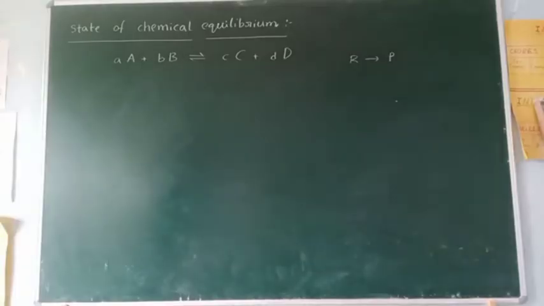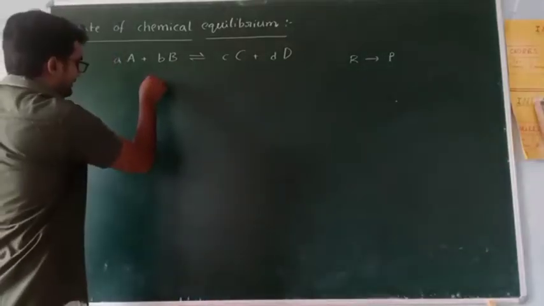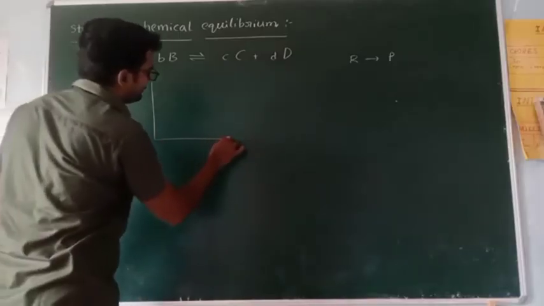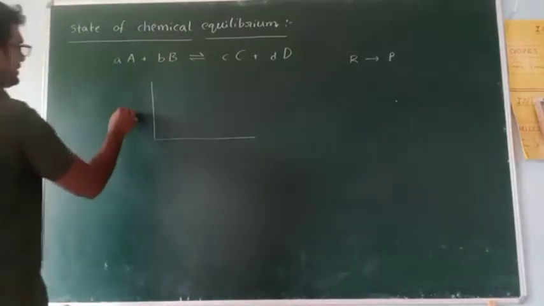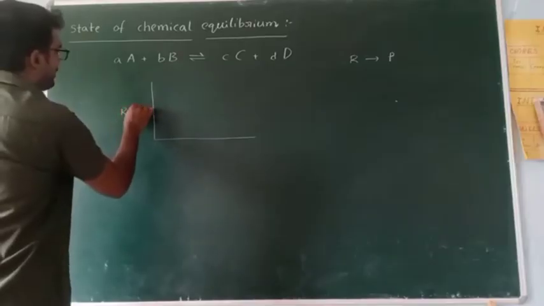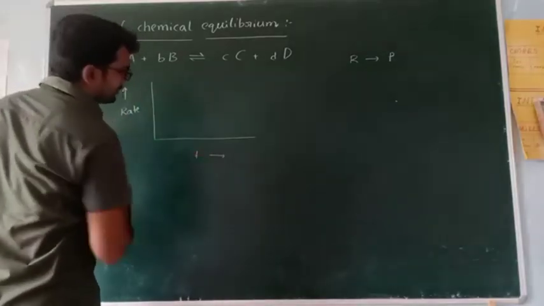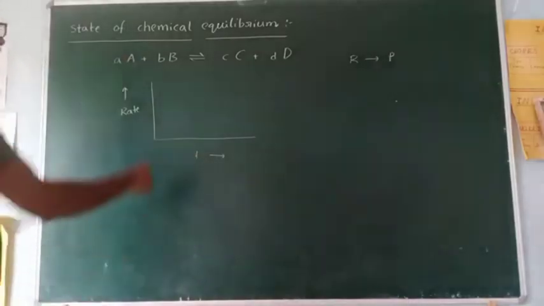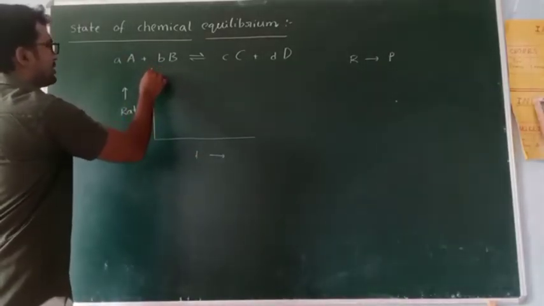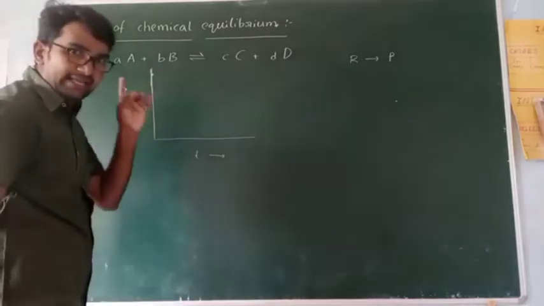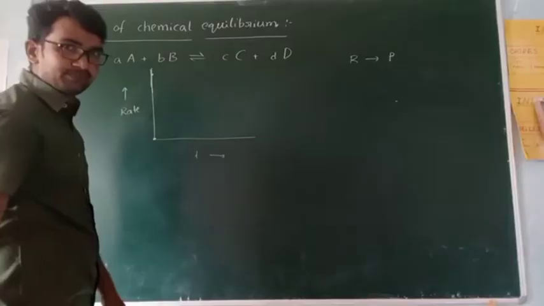A simple graph representation of the state of chemical equilibrium: this is the rate of the reaction on the y-axis and time on the x-axis. Initially this is the concentration of the reactants, and initially there is no concentration of products.